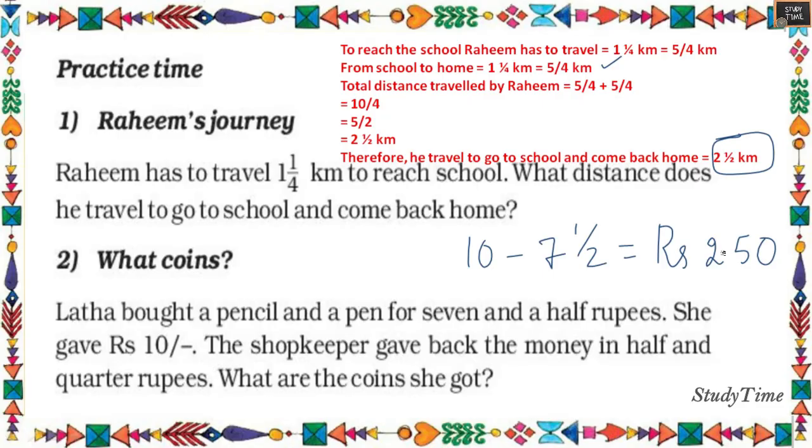The shopkeeper gave back the money in half and quarter rupees only. It can be either 5 50 paise coins or 10 25 paise coins, or it can be shuffled.